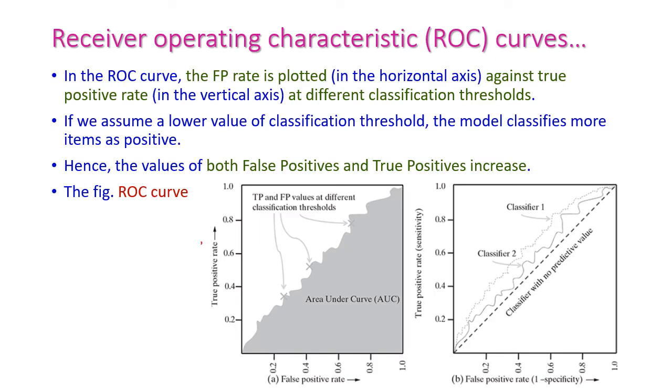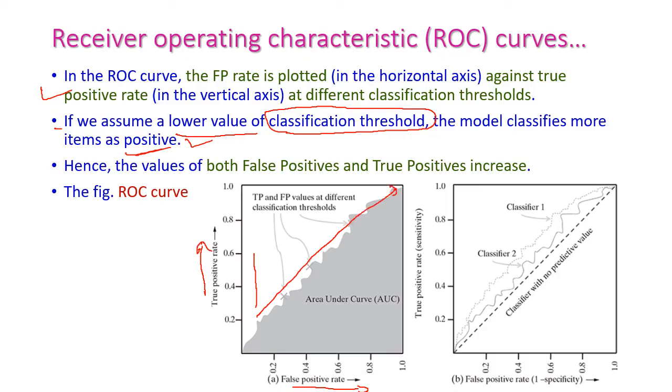Here the x-axis represents the false positive rate and the y-axis represents the true positive rate, right? And we assume a lower value of classification threshold, which means more items are positive. That means if the true positive rate is increased, then the false positive rate should also be increased here, right?